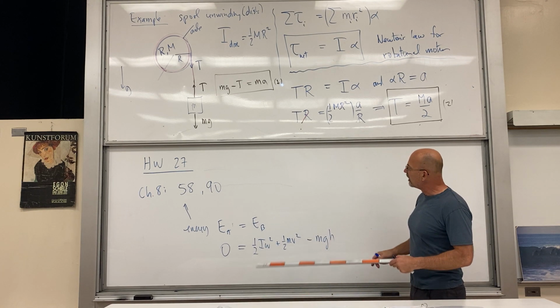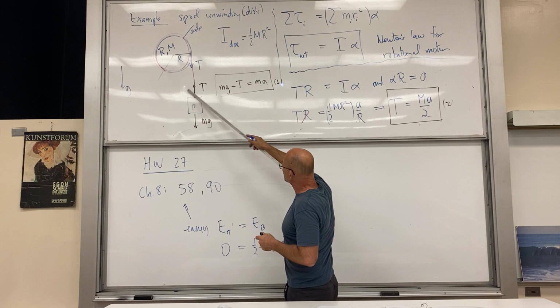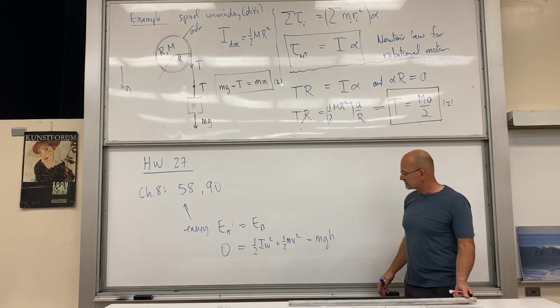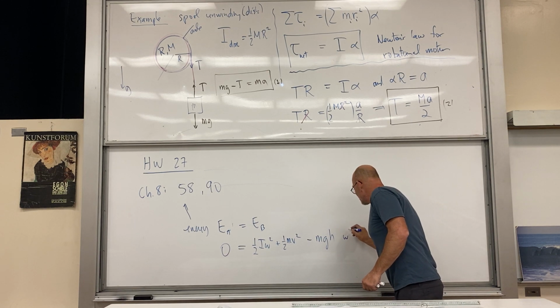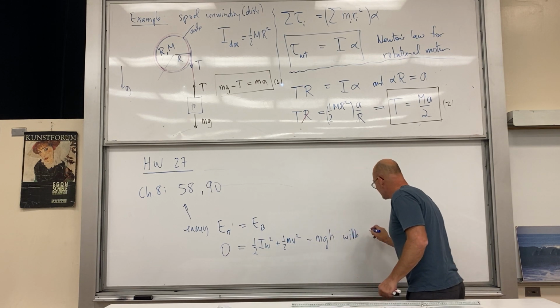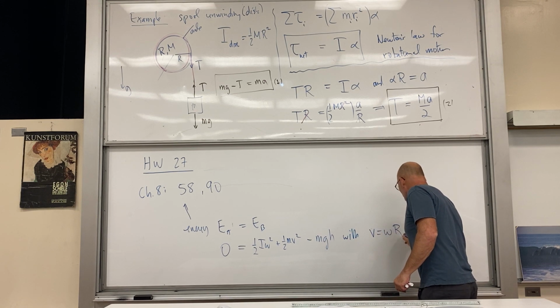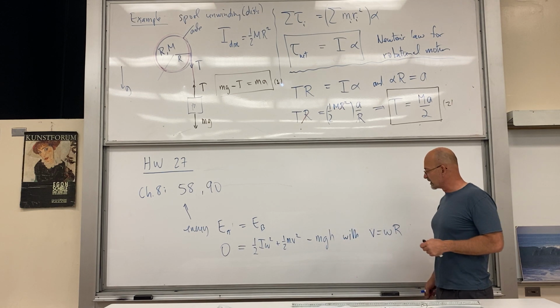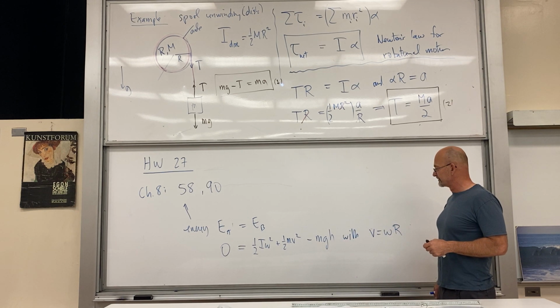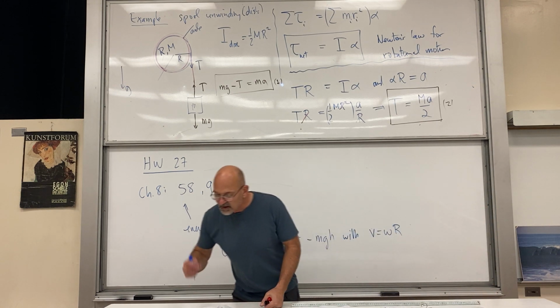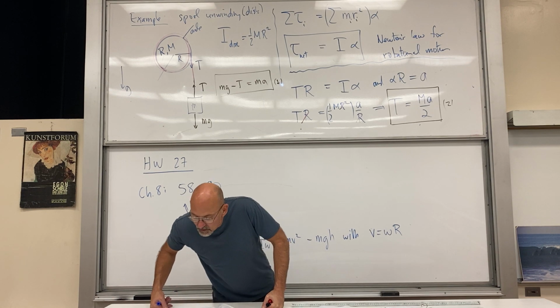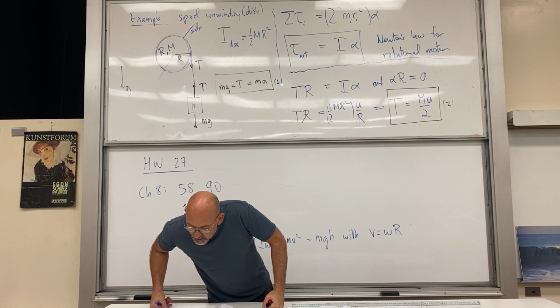That's how far this weight dropped from the original position, which is why it gets the minus sign. We know that v is omega R, and h is however much string unwound. And they are asking us for the angular speed.